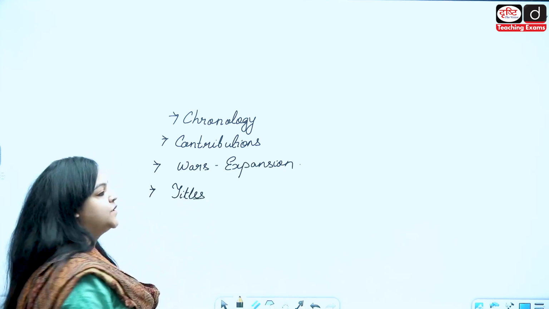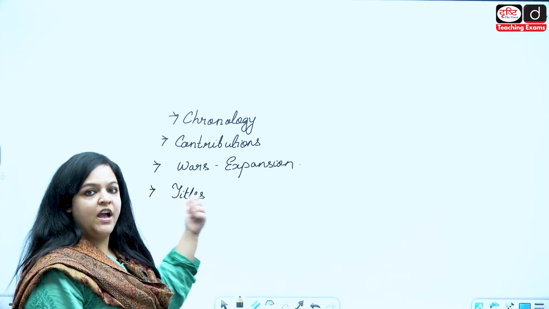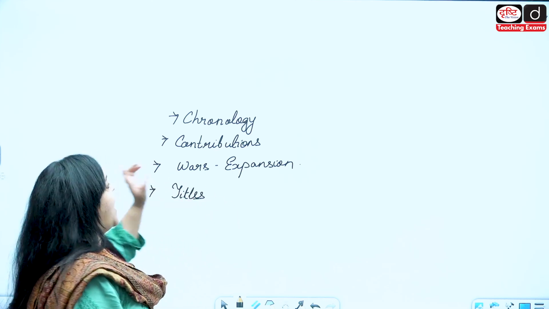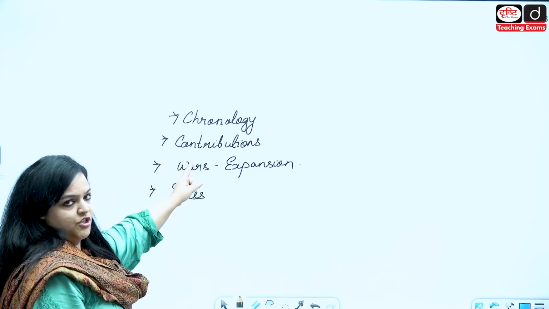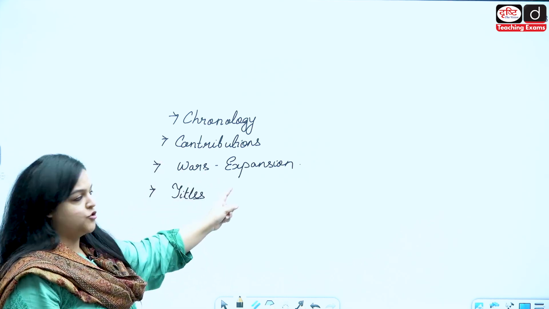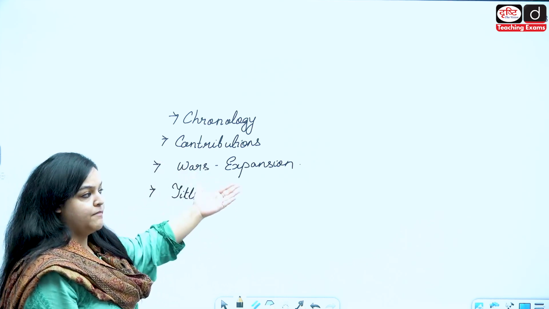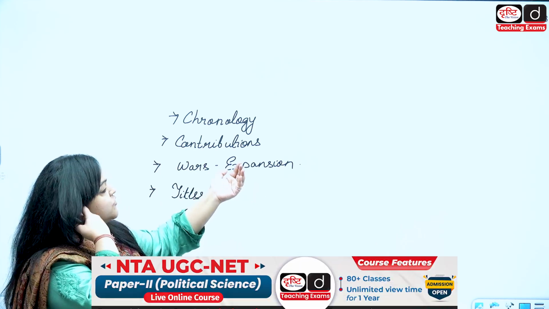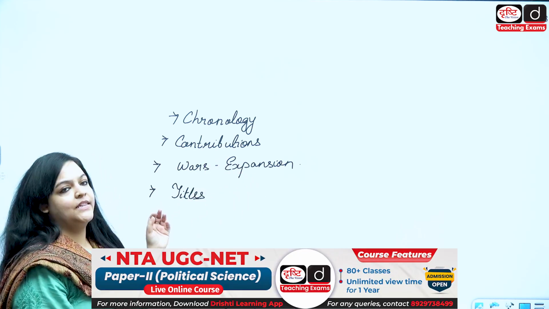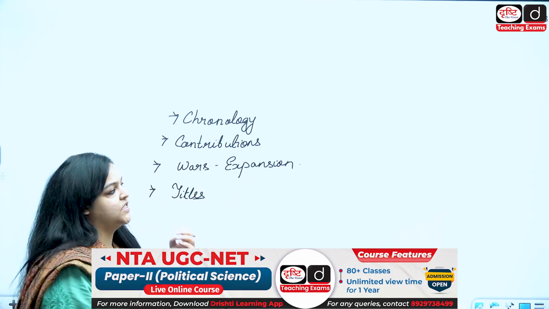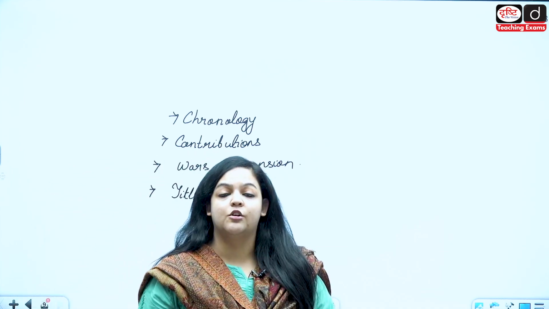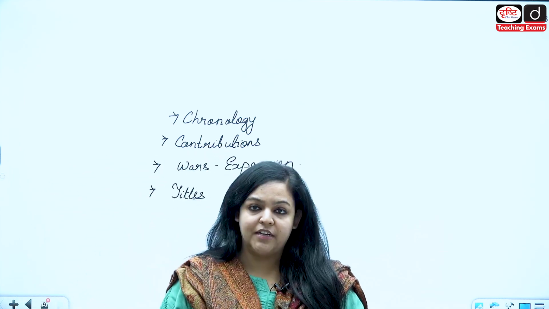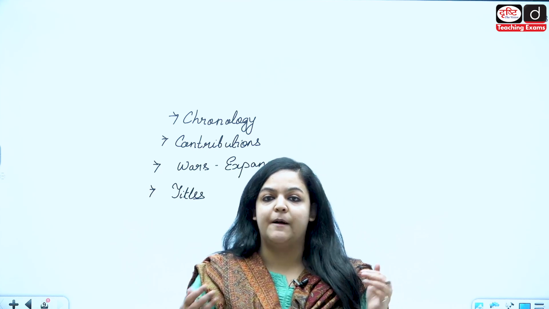So, from what I have taught you right now, you have to remember the chronology, the contributions, the wars which they fought, which resulted in expansion, and the titles if they have used any. These are the kind of questions that you can expect, and which have come in the past.